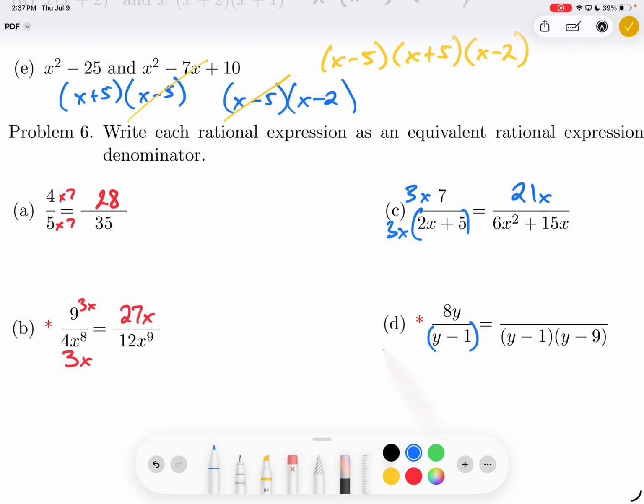And then the one just below that, I need to multiply by y minus 9 to make it match that side. So I multiply the top by y minus 9. And again, you do not have to multiply those out most of the time. Sometimes you do, but I think one of the ones will work in just a second. You kind of have to multiply them out.